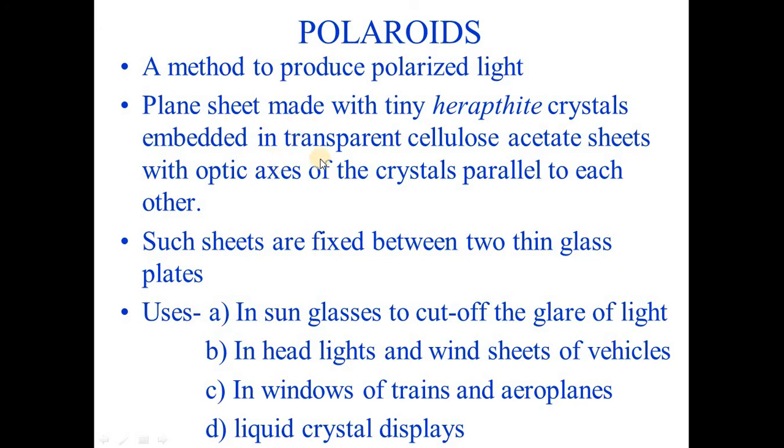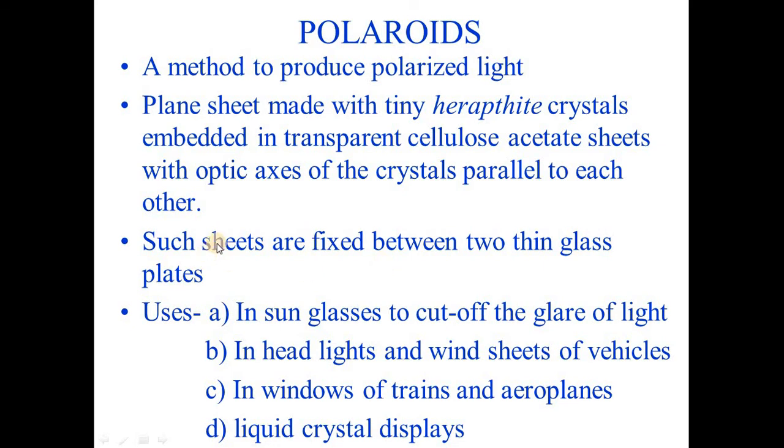If E0 is the electric field, the components you get are E0 cos theta along the optic axis, and E0 sin theta perpendicular to the optic axis. All the components parallel to the optic axis pass through this crystal, and those components perpendicular to the optic axis will be absorbed, and what we get is plane polarized light outside.